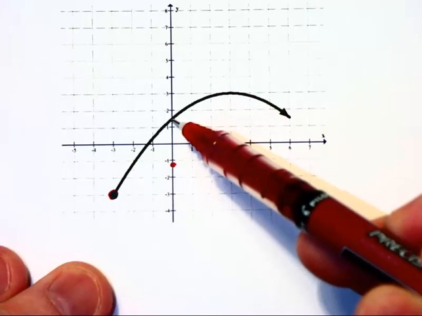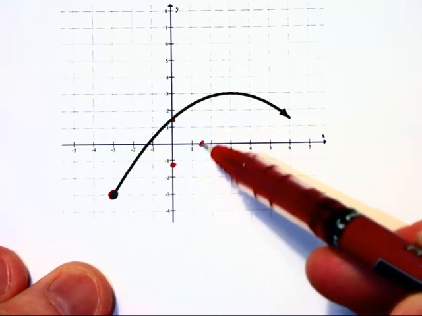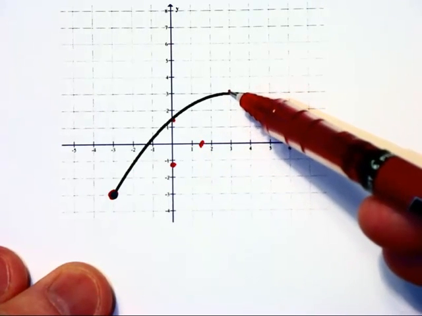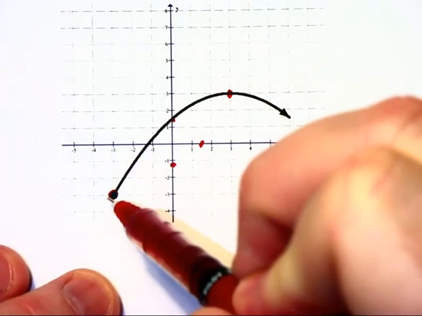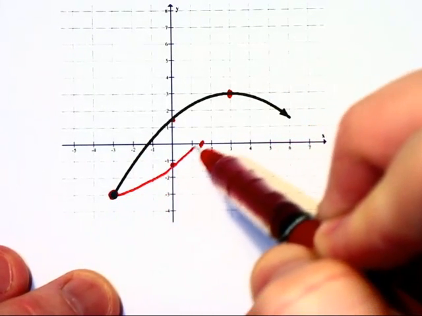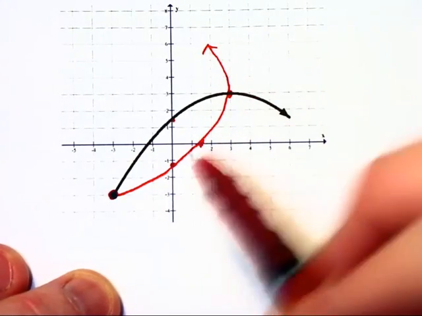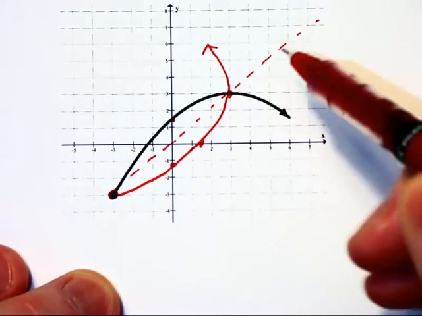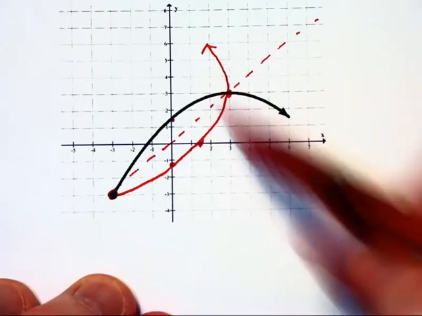We have a graph here of about 0, 1.5. The other graph will go through 1.5, 0. I see that this graph goes through 3, 3, so 3, 3 switched will be 3, 3 again, and I can pretty much guess that this inverse graph is going to look like that. Notice again how I can draw this diagonal line y equals x through this, and it will be a reflection on either side.